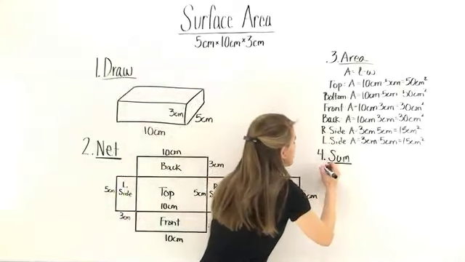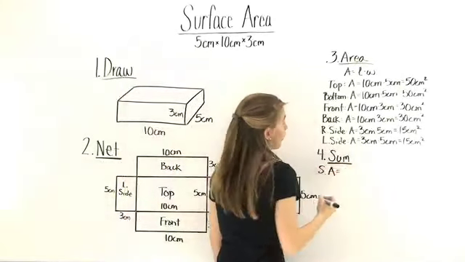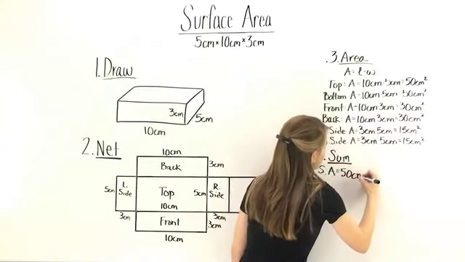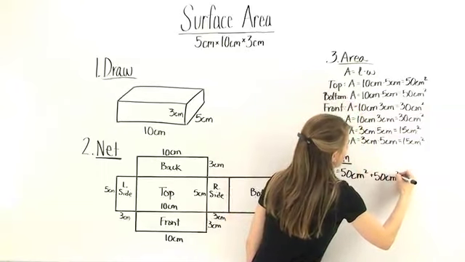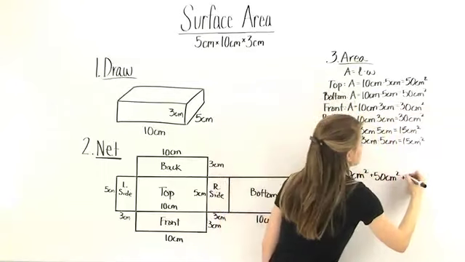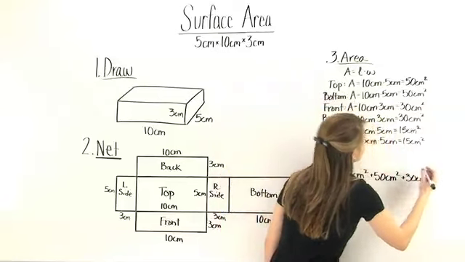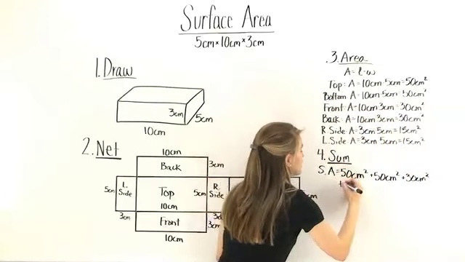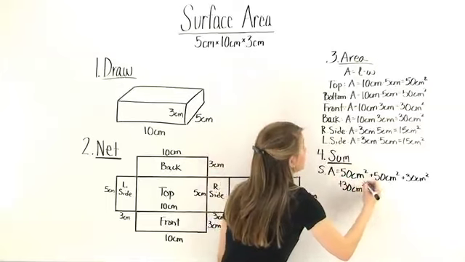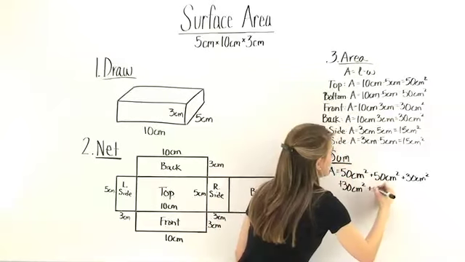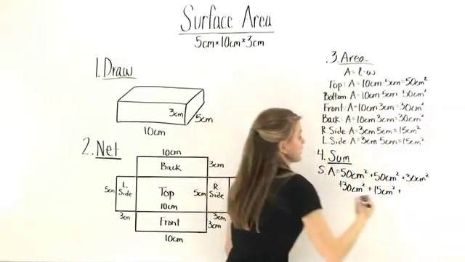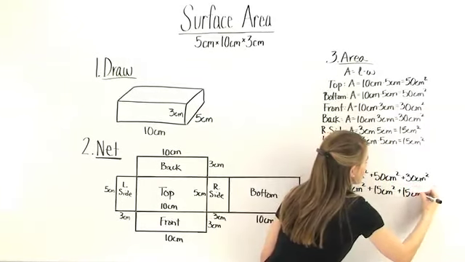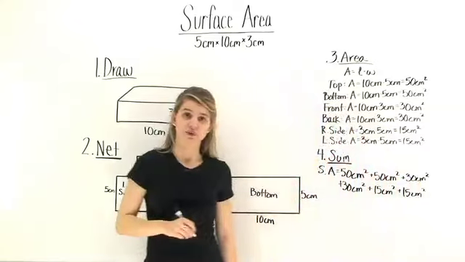That means our surface area is just equal to 50 centimeters squared, the area of the top rectangle, plus 50 centimeters squared, the area of the bottom rectangle, plus 30 centimeters squared, the area of the front rectangle, plus 30 centimeters squared, the area of the back rectangle, plus 15 centimeters squared, the area of the right side rectangle, plus 15 centimeters squared, the area of the left side rectangle.